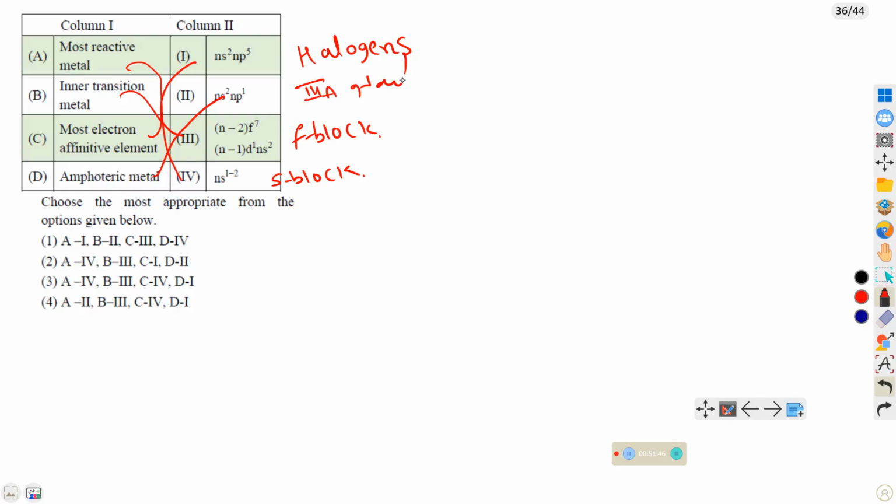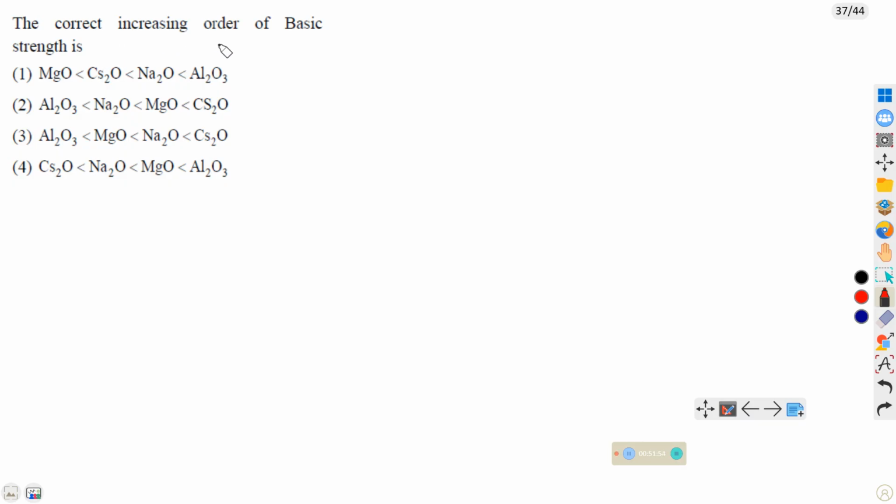So based on that, the correct option is A4, B3, C1, second option. The correct increasing order of basic strength. Third one: Al2O3 less than MgO less than Na2O less than Cs2O. Going groups top to bottom, basic nature increases; periods left to right, basic nature decreases.